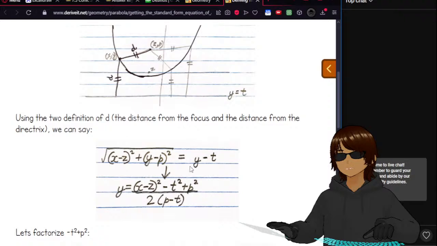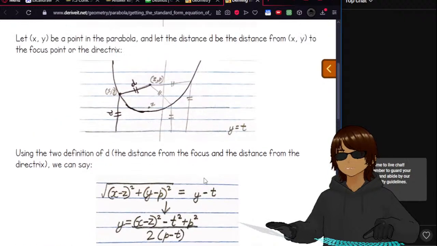I started with any point x, y, and this here is z, p, the point of the focus. So what I started with was the square root of x minus z squared plus y minus p squared. It should be equal to d.